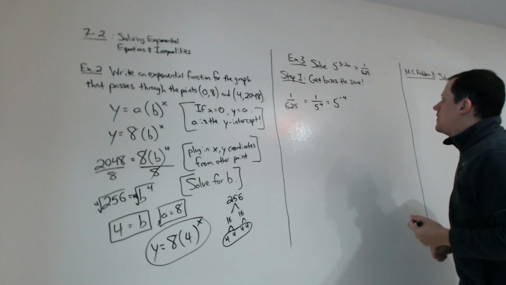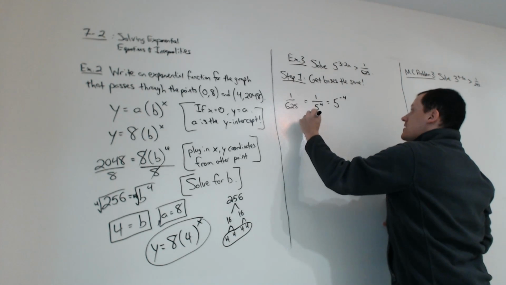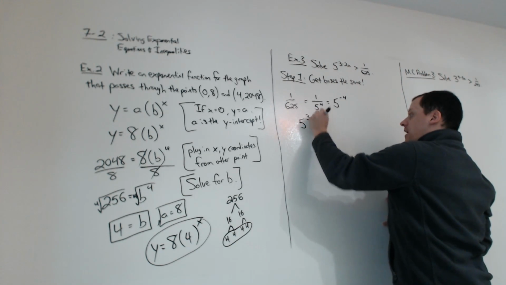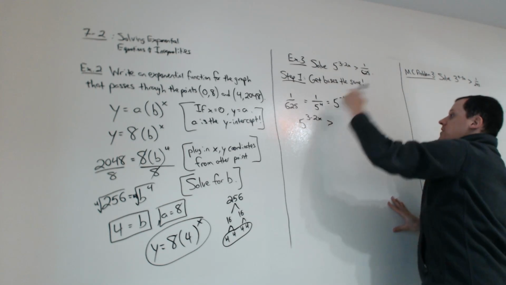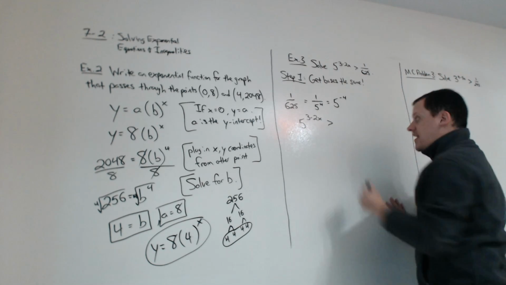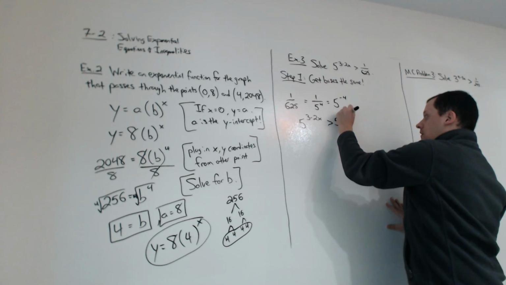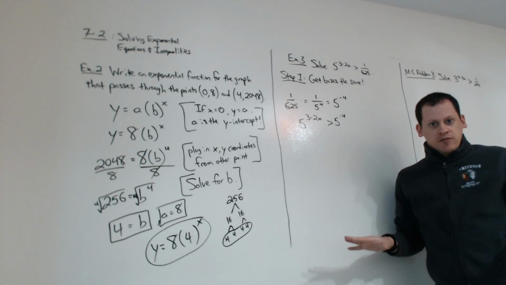Right? So, I'm going to rewrite the inequality that we started with here. This is 5 to the 3 minus 2x power is greater than, and now we know 1 over 625 is the same thing as 5 to the negative 4th power. Okay. Same first step as before.